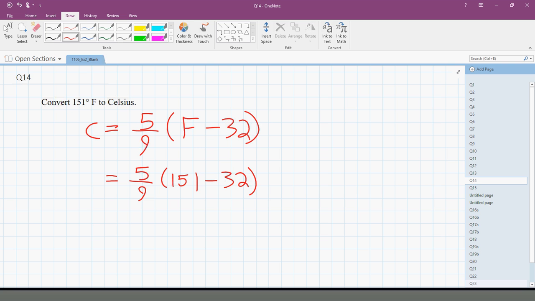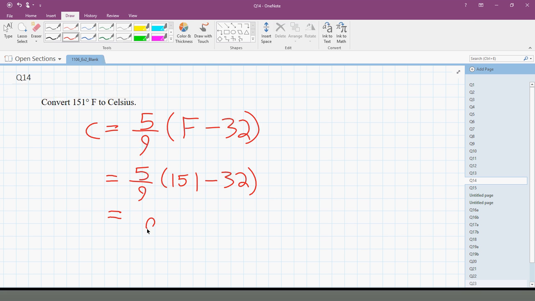Flip the division. So in this one, round to the nearest tenth for me, one decimal place. 66.1.